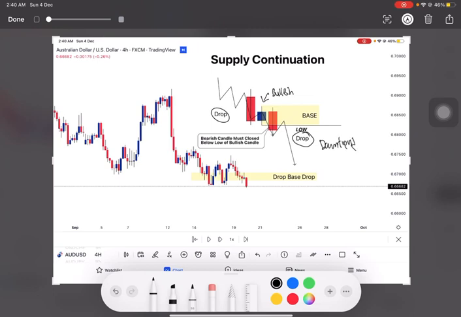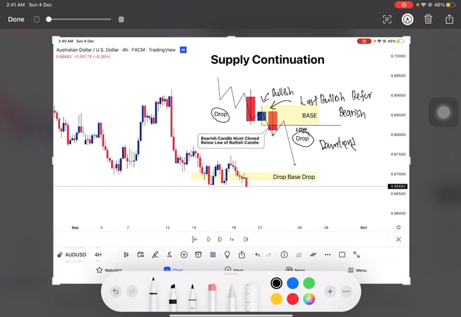To mark the base, you just take the bullish candle, which is the last bullish candle before bearish. You have to make sure the bearish candle breaks out the bullish candle low first, to validate our drop, base, drop. So this is the example in AUD USD H4.